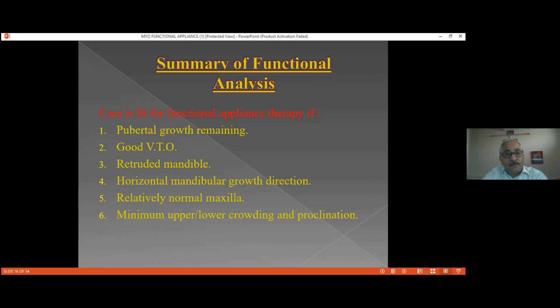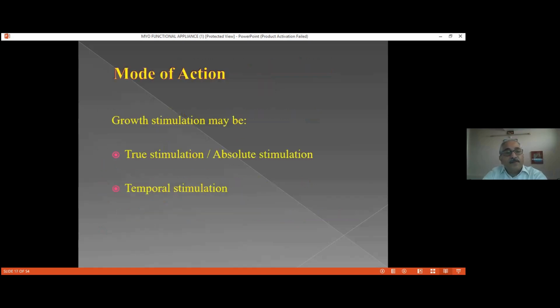The direction should not be vertical, should be strictly horizontal, with a relatively normal maxilla. Minimum upper and lower crowding and proclination is expected when we are trying to treat with the functional appliance. The mode of action of the myofunctional appliances is debatable.